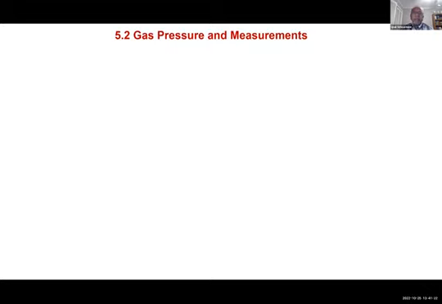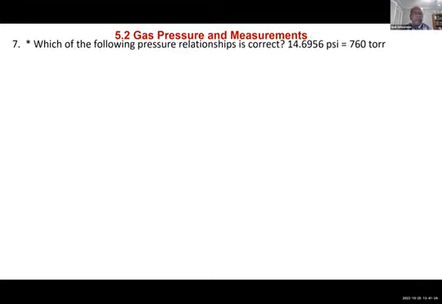Now about gas pressures. Which of the following pressure relationships is correct? This relationship is given here. 1 atm is 760 torr. Now look at the pressure relationships. Which one is correct? This is correct.